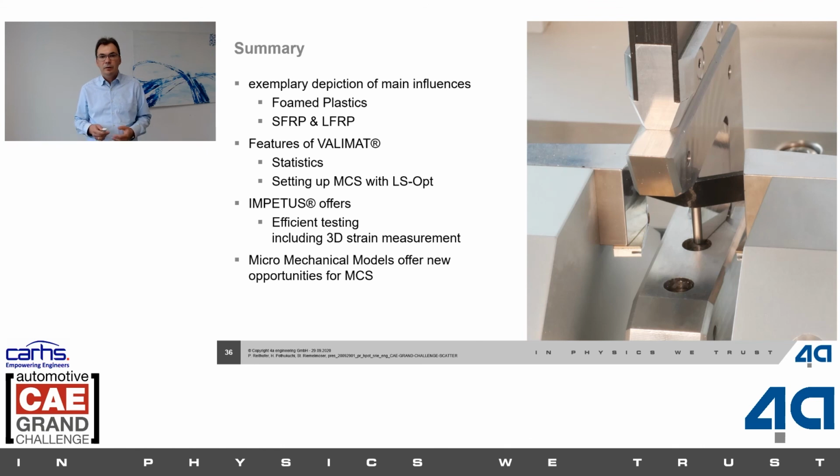And Impetus itself, the testing, offers you also an efficient way to do 3D strain measurement, because we need this all together. If we want to do deeper research, we need more data. And finally, I showed you a micromechanical approach, which offers you the opportunity also to make a Monte Carlo simulation on this kind of materials.